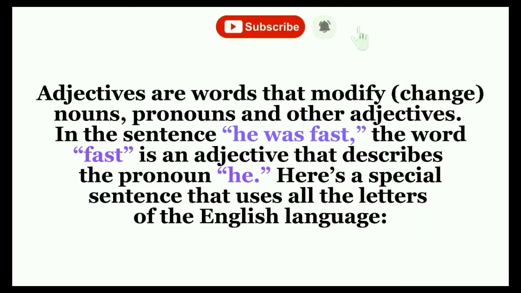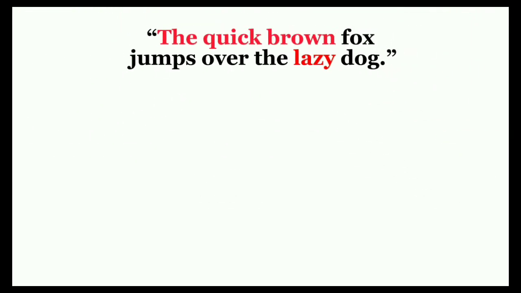Adjectives are words that modify, or change, nouns, pronouns, and other adjectives. In the sentence "He was fast," the word fast is an adjective that describes the pronoun he. Here's a special sentence that uses all the letters of the English language: "The quick brown fox jumps over the lazy dog."